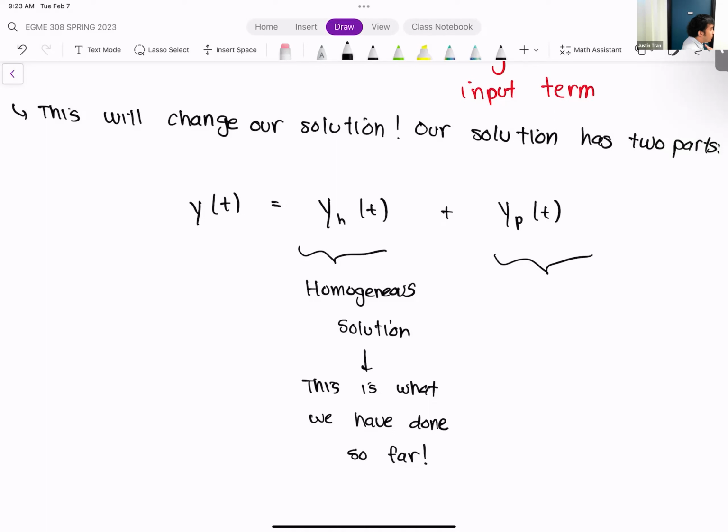But this term right here is called a particular solution. It actually has nothing to do with the initial conditions. The particular solution is the solution to the non-homogeneous part, or the forcing term, or the input term.